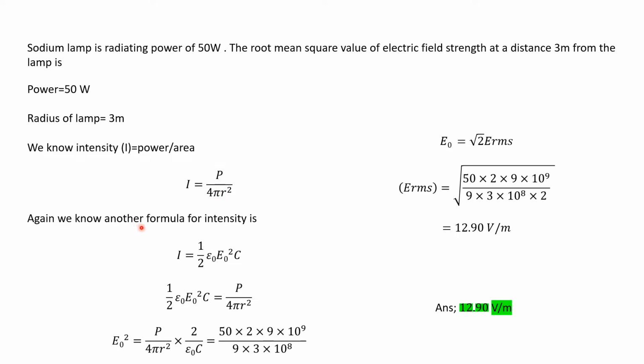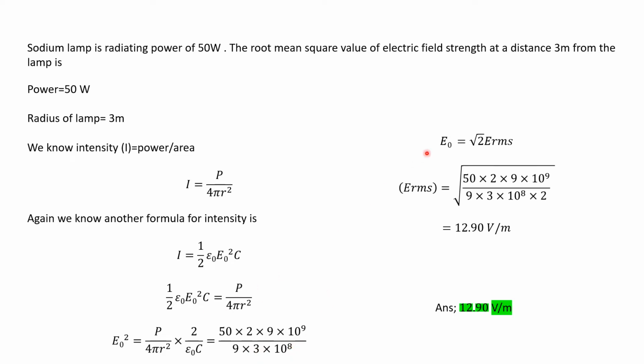Again we know another formula for intensity: half epsilon naught E naught square c. By equating these two equations and putting all the values, we find that E naught square is equal to 50 into 2 into 9 into 10 to the power 9 whole divided by 9 into 3 into 10 to the power 8.